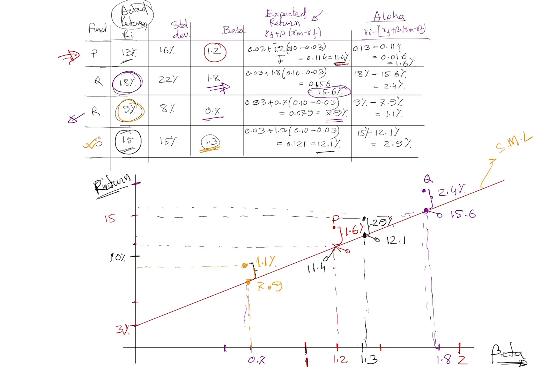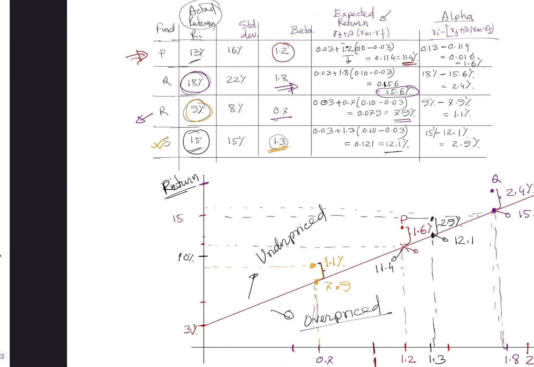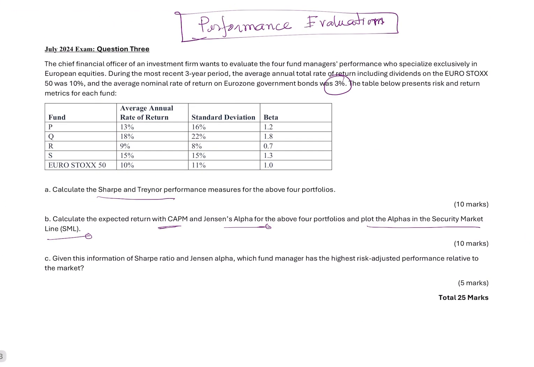So anything above this is underpriced. Anything below is overpriced. So in our example, we don't have anything overpriced, so everything we have is underpriced.